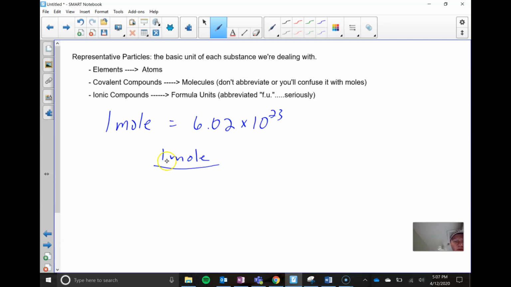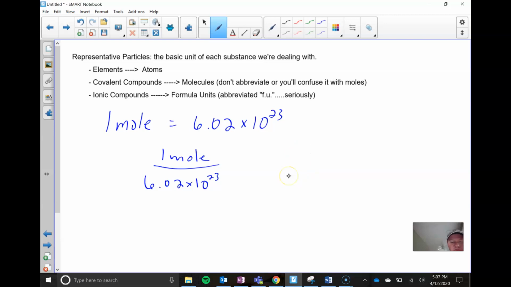So 1 mole of anything is equivalent to 6.02 times 10 to the 23rd of whatever it is that you're talking about. And we could flip that upside down and it would still be the same because these things are equivalent. It's like if I took 5 over 5, well, that equals 1. So I could flip that over. It doesn't matter which 5 is on top because that's an equivalency.